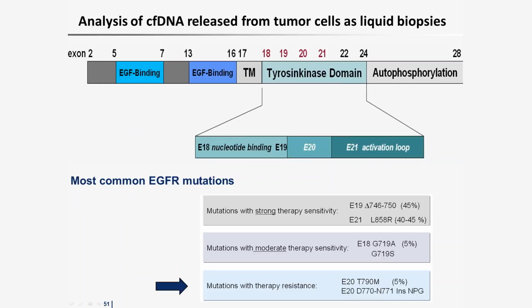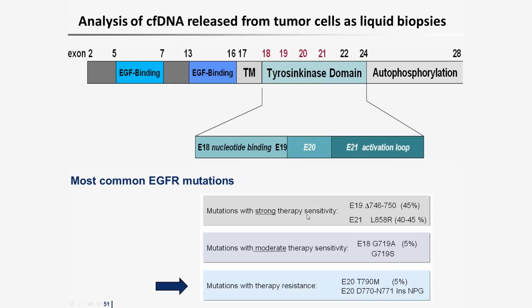In our lab, mainly the EGFR mutations in small cell lung cancer are presently studied. In the EGFR gene, the tyrosine kinase domain is highly affected by mutations, and these mutations also affect the therapy with an anti-EGFR antibody or the tyrosine kinase inhibitors.